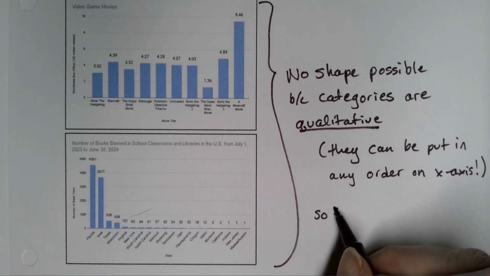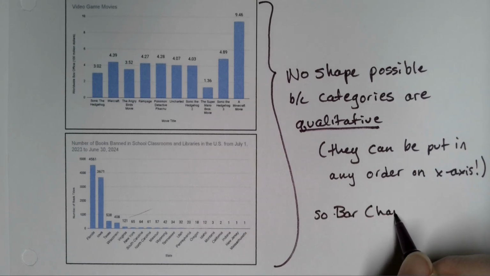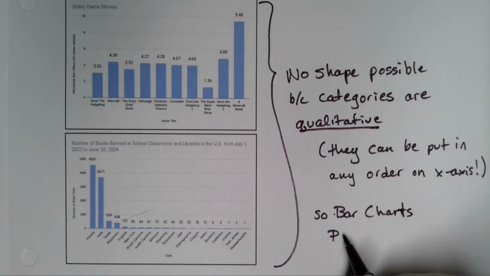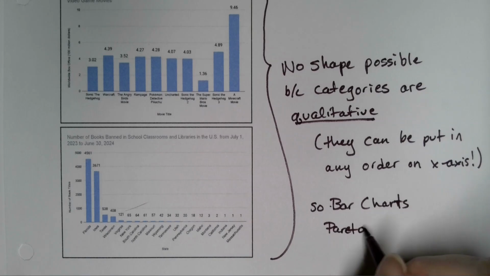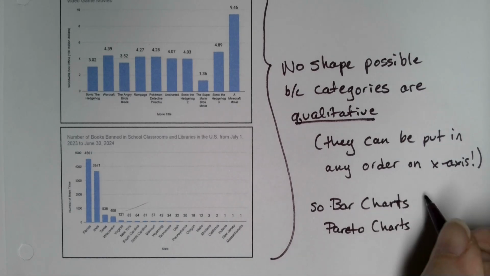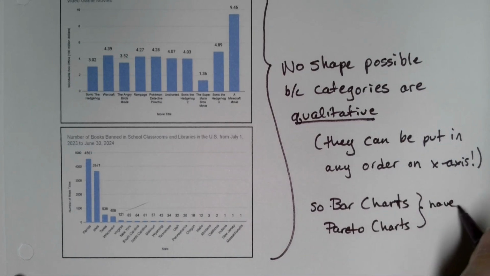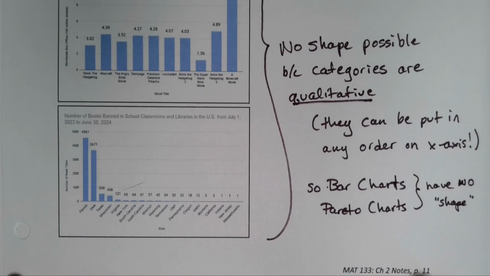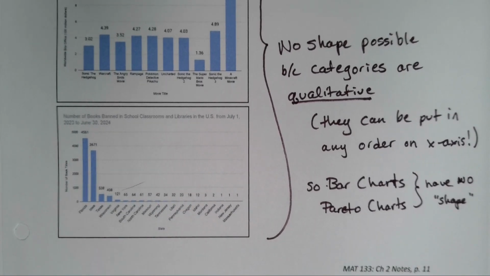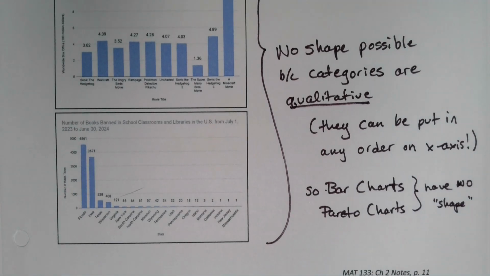Because this is a Pareto chart, that's a bar chart. Pareto charts have no shape. They're not skewed left, they're not skewed right. Everything down here is completely arbitrary. You could reorganize it however you like, which is not the case in a quantitative variable.